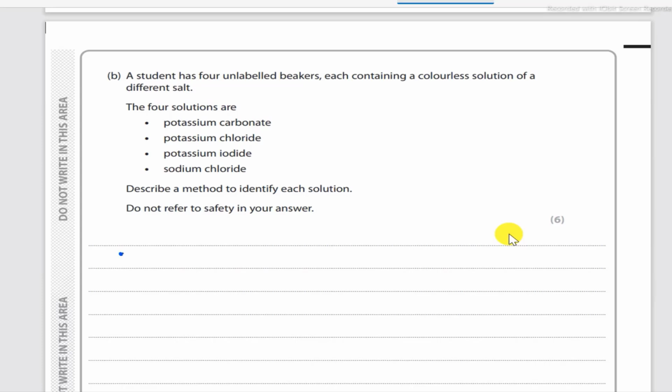A student has 4 unlabeled beakers, each containing a colorless solution of a different salt. The student can do a flame test.